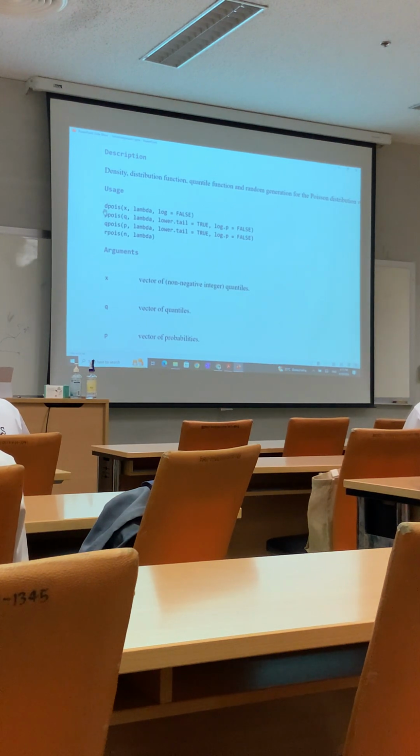Remember, density is for a specific number, right? You don't need lower tail. When you need lower tail, it means that you want not just a number, but you want less than that as well, or more than that number.